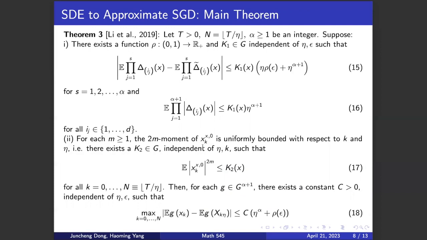So the theorem basically has two main conditions. The first condition is that the differences between the SGD and SDE changes are polynomial growth, and also the one-step changes for each of the processes are polynomial growth. And for the second condition, we need the moments of the SGD process to be uniformly bounded with respect to k, which is the number of iterations.